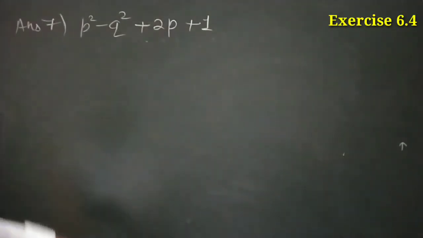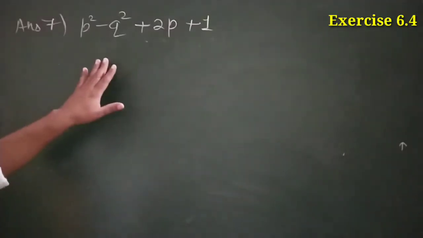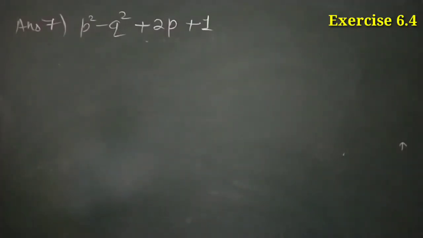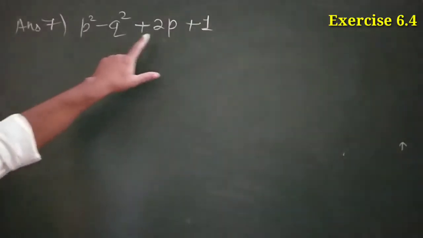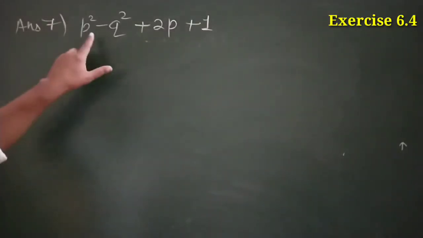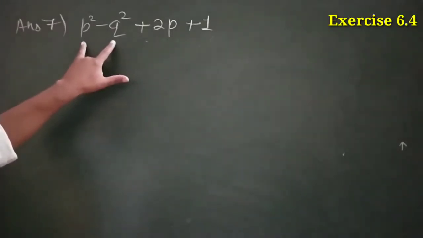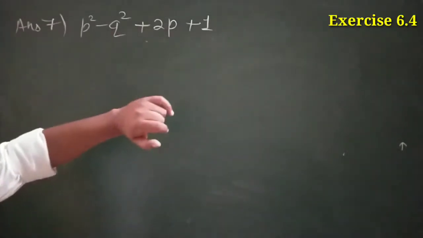Students, now see question number 7 on the board. First of all, we have to convert it into the identity. So how to do it? p square minus q square plus 2p plus 1. If I apply p minus q, p plus q here, then nothing will be helpful.